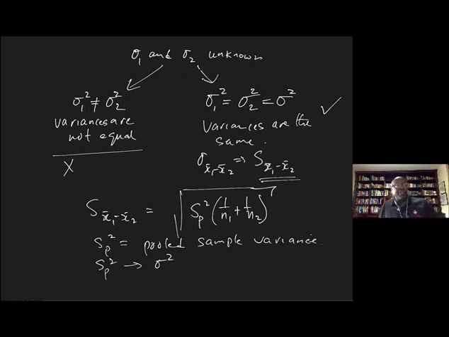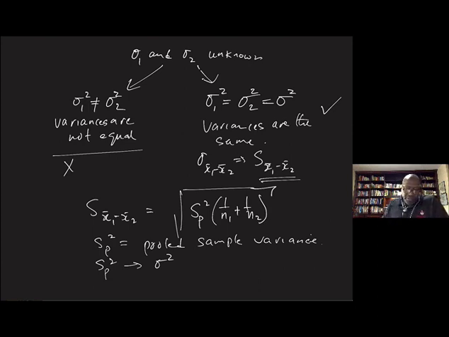All right? Because remember we said sigma 1 squared is equal to sigma 2 squared is equal to sigma squared. In other words, they're the same. And so therefore we need to estimate the population variance.